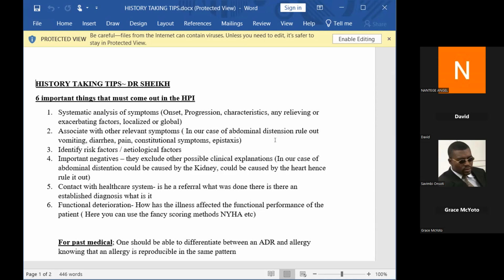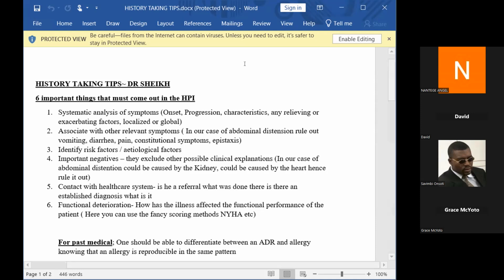And then you identify the risk factors, possible culprits, suspects, things that may cause this patient to present like this. And then now comes important negatives. So you exclude other possible clinical explanations. And then you also have to bring out the patient's contact with the healthcare system, whether they're referred or not, and the date of admission. And then you also have to bring out functional deterioration.